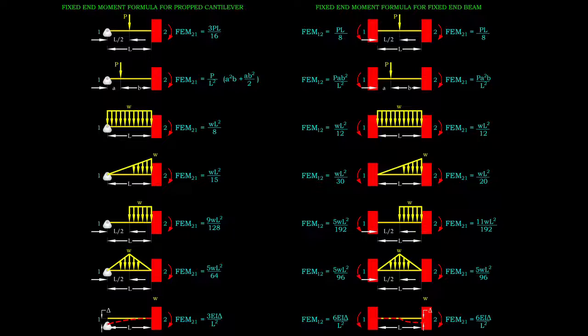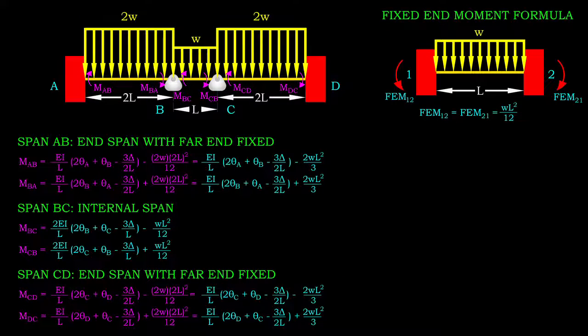Therefore, we can adopt the FEM formula applicable to a fixed end beam with uniformly distributed load. Note that the moment determined using the FEM formula is acting in the opposite direction, in which the left-hand side one is acting in counterclockwise direction. Therefore, it should bear a negative sign to match our convention.